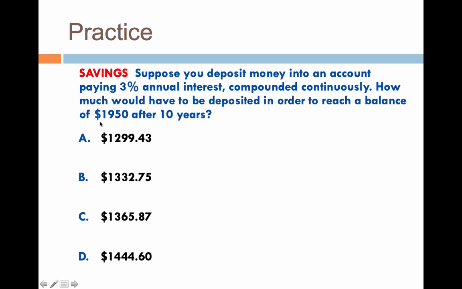Same thing here. We're working backwards here. So how much would you have deposited? Okay, so we're looking for the principal. So this one, we want to end with 1950. I'm looking for P, e raised to the 0.03 times 10. I'm going to divide by that e to the 0.03 times 10.